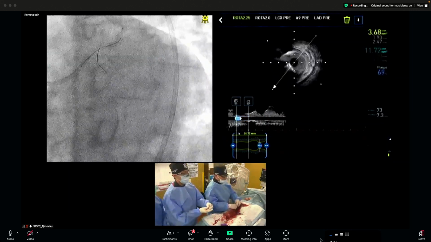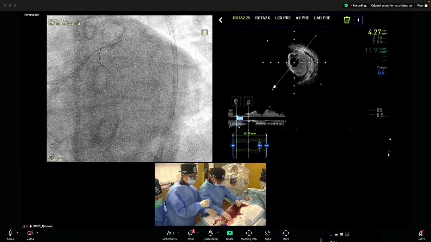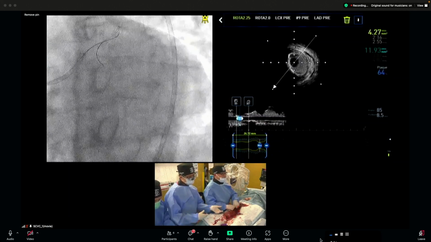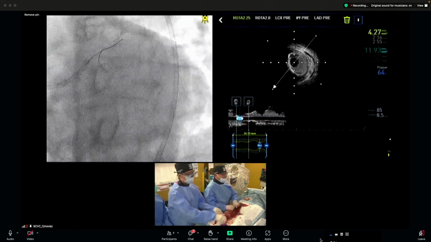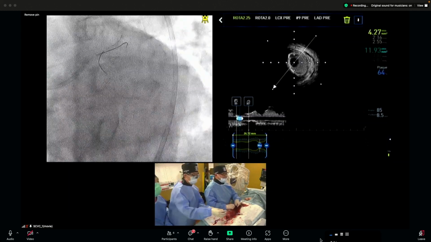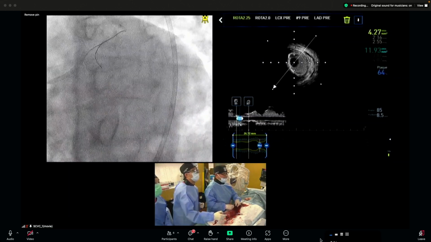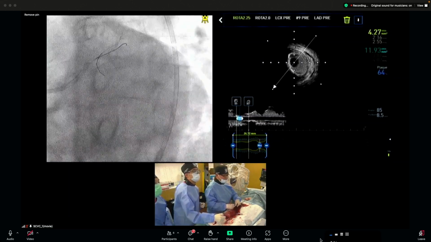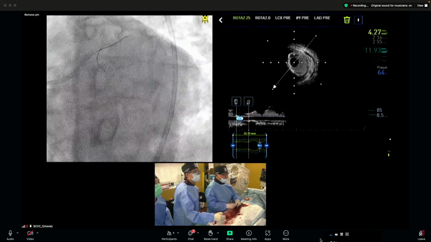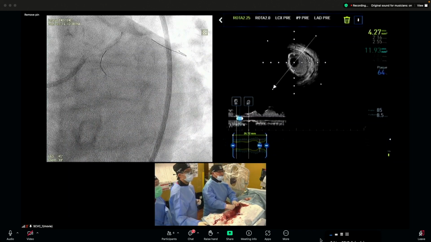I think there are two purposes to use the rotablator. One is plaque modification to achieve good stent expansion, and the other is debulking. So Kashima sensei, today you are getting a debulking effect rather than a plaque compliance change. Is it correct? Yes, of course.